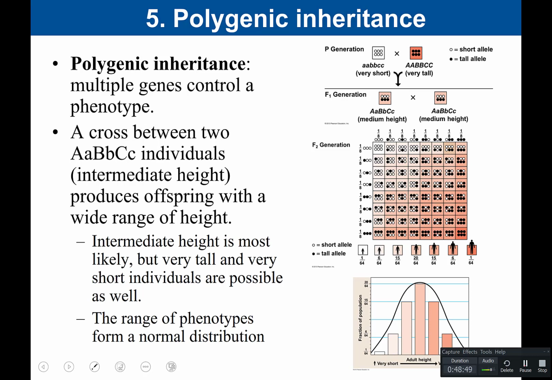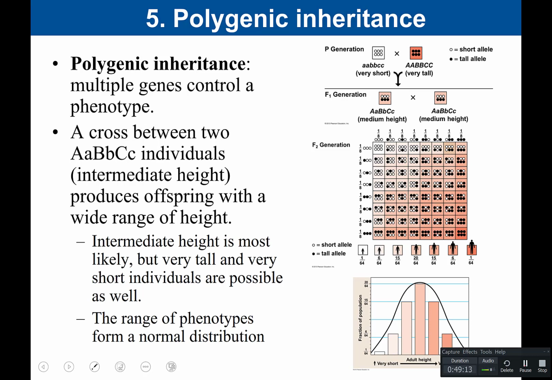Now, if you cross 2 intermediate heights, intermediate height is the most likely. You're most likely to get around that intermediate, but very tall and very short individuals are possible as well, because it simply comes down to, by chance, which genes are inherited.